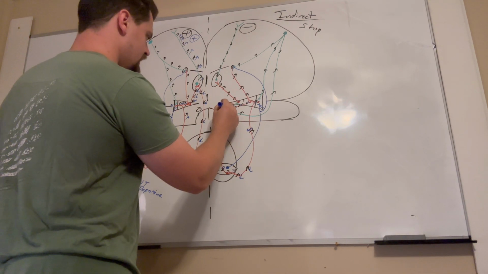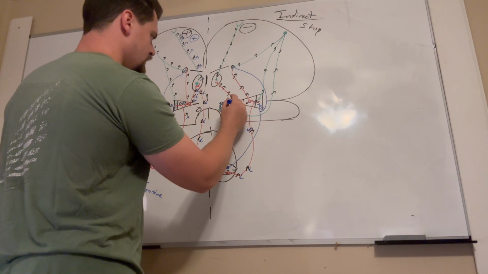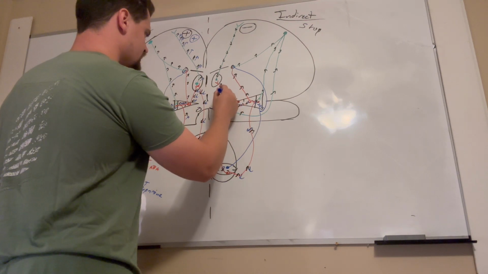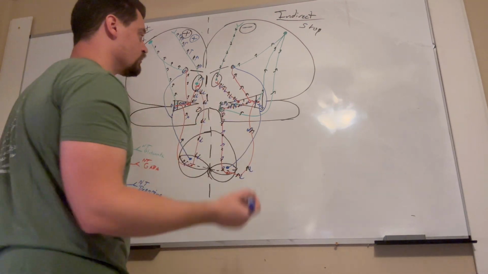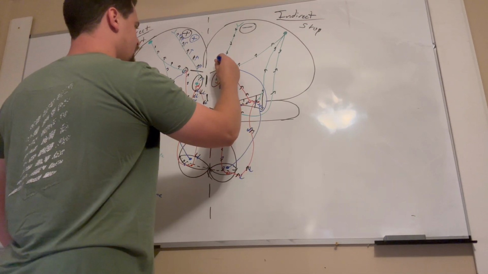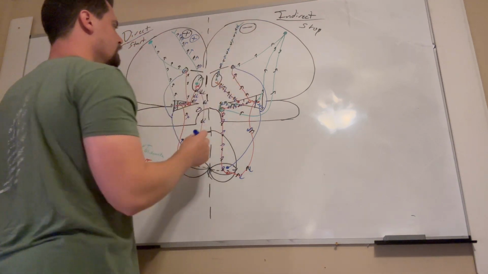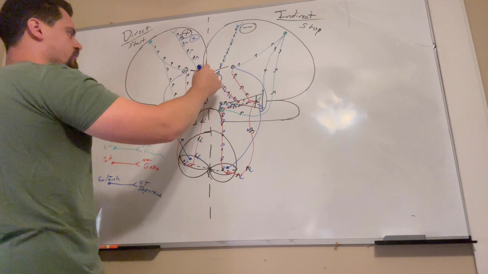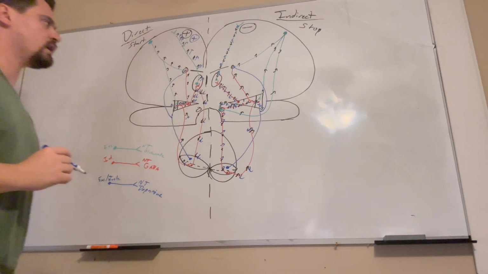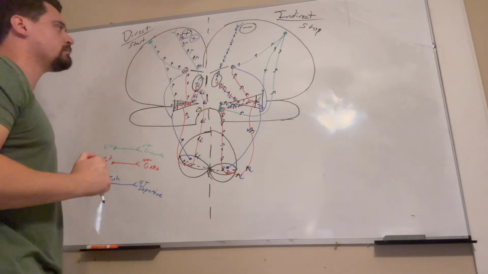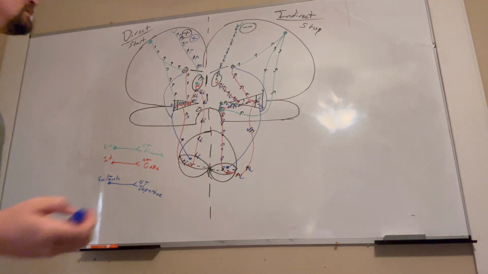This is going to end up being less stimulated, which means there's going to be less of an inhibitory response, which means that the neuron from the thalamus to the cerebral cortex is going to be less inhibited.